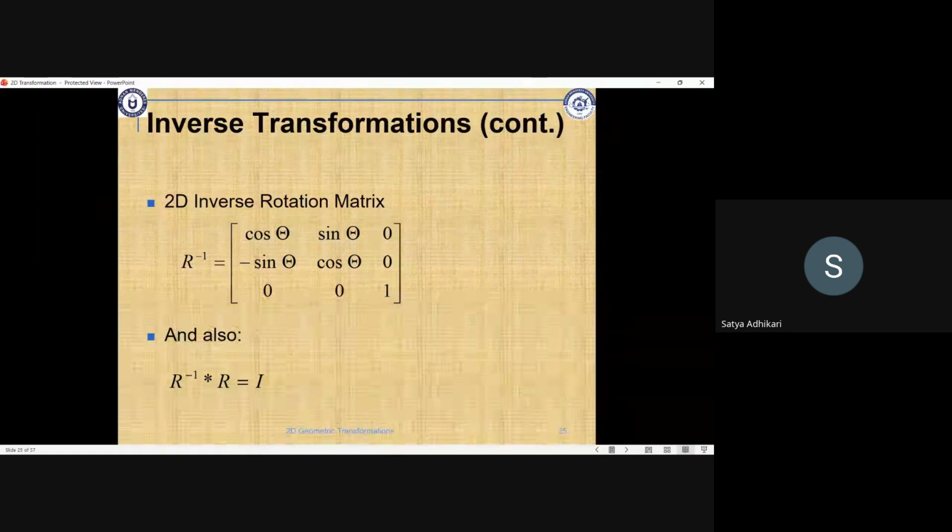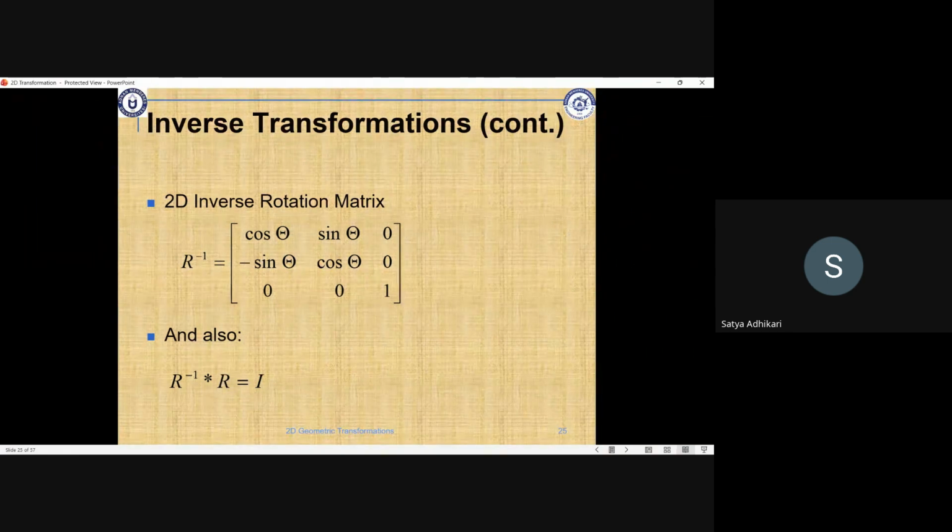That means R inverse is obtained by only updating the sine. The cos theta is as it is. There is no change. If you compare the inverse rotation matrix and the rotation matrix, the position of cos theta is the same. Only the sine theta and minus sine theta will be altered.